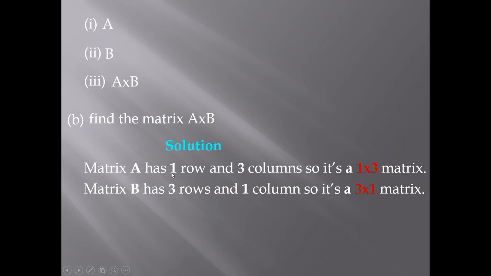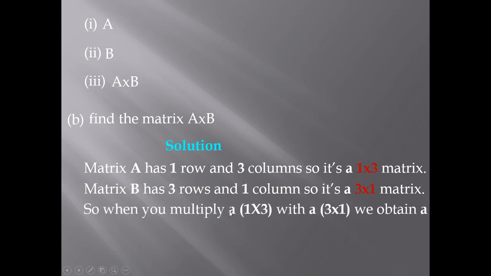How about if I multiply A and B? When you multiply a 1 by 3 with a 3 by 1, the order of the product should be 1 by 1. This is what gives us the order. So the order of the product is 1 by 1.